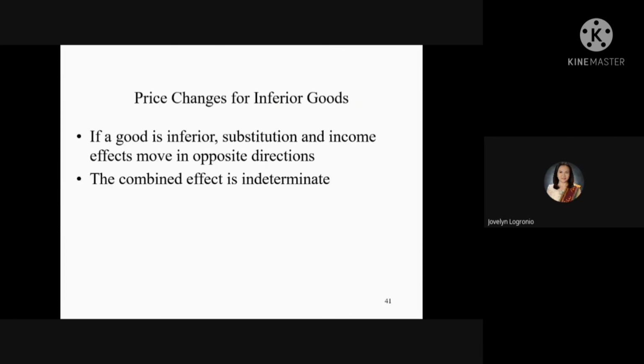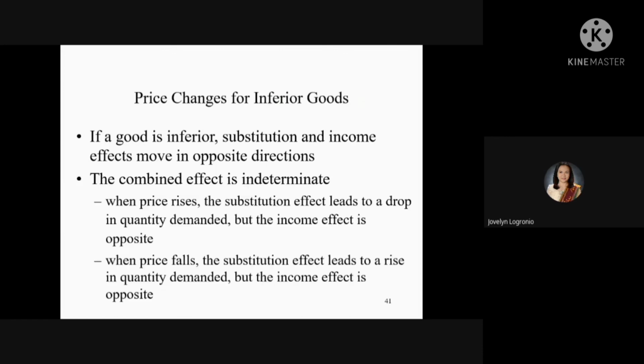If the good is inferior, the combined effect is indeterminate. That means, when price rises, the substitution effect leads to a drop in quantity demanded, but the income effect is opposite. Or when price falls, the substitution effect leads to a rise in quantity demanded, but the income effect is opposite.